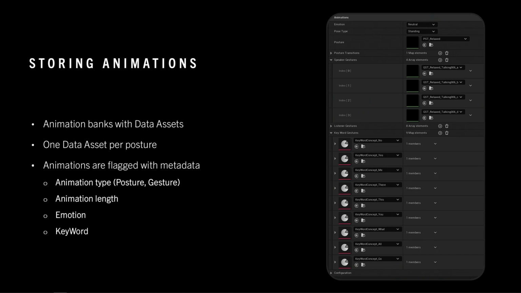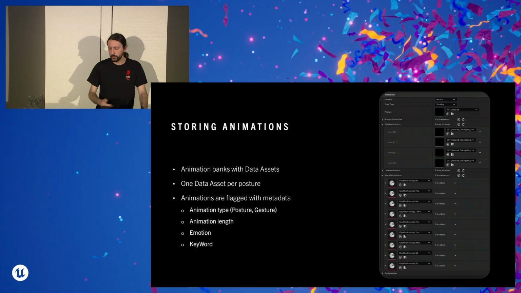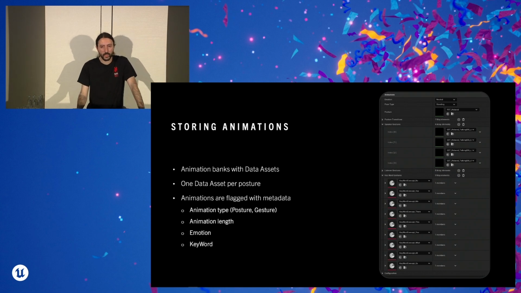You can see the emotion, you can see the pose type, and all of the gestures that go with it. The standard gesture, the listener gesture, we have some listener gestures, very small, just to show that they are not dead. And then your keyword gestures. And you flag them with all of the data you want, and you basically try to get this when you're generating and find the best animation in the assets.